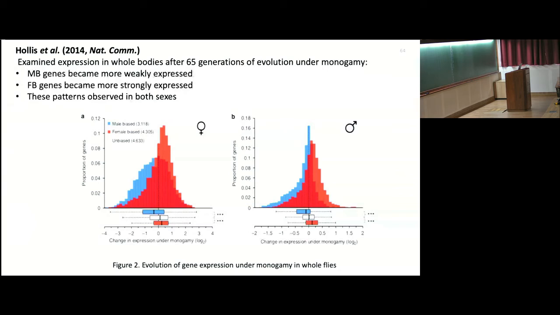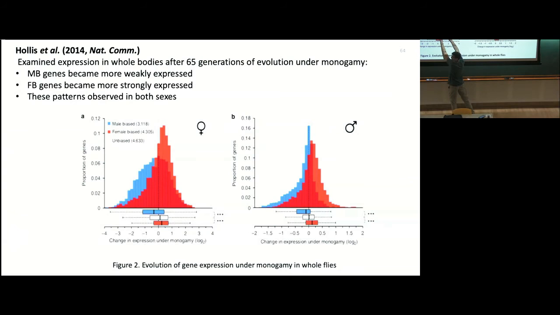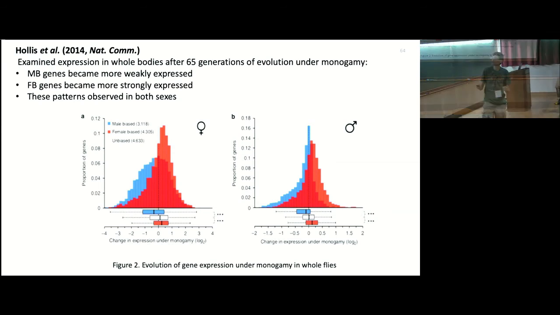The distribution has shifted in this way. And female biased genes have shifted to the right. So this is the signature of feminization of the transcriptome, an increase in expression of female biased genes and a decreased expression in male biased genes.